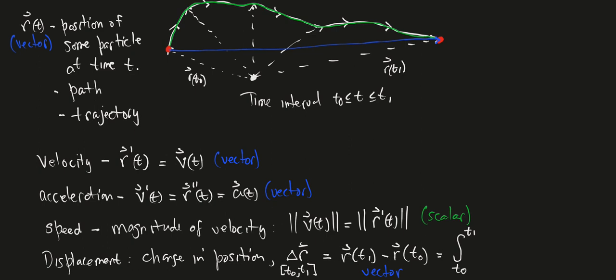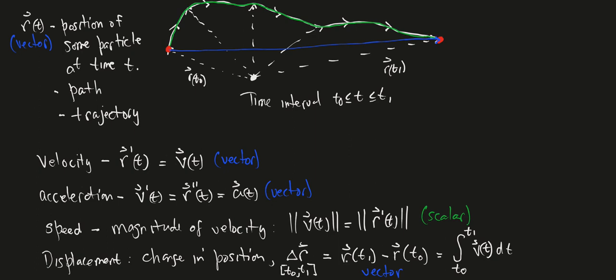In other words, what would I have to integrate to get position? Well, think about it. If I differentiate position, I will get velocity. Therefore, if I anti-differentiate velocity, I will get the position vector. So here is an alternative formula. So these are two formulas that can be used to compute displacement.